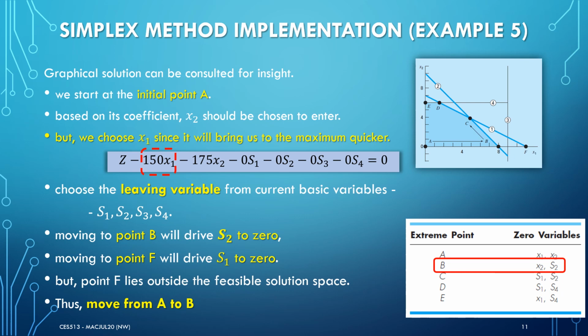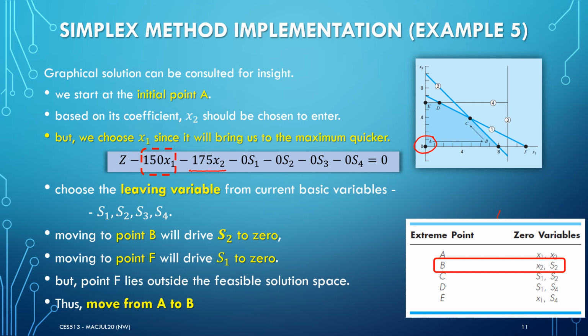As in the figure shown here, we start the initial point at A. Based on the coefficients previously discussed, x2 should be chosen to enter because x2 has the higher negative coefficient, which is negative 175.